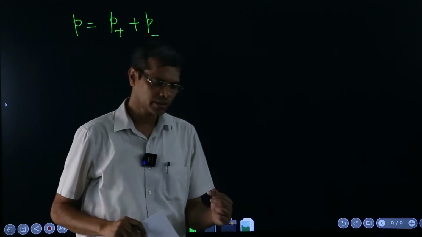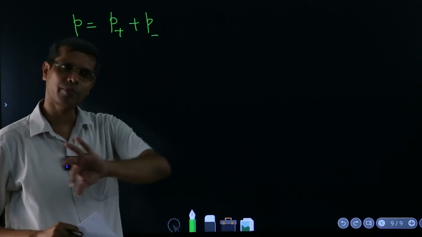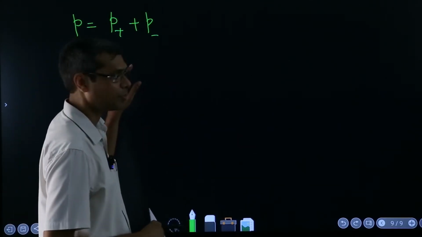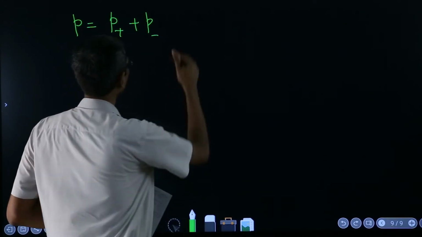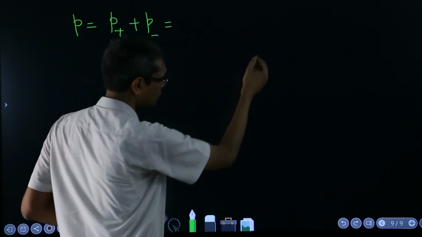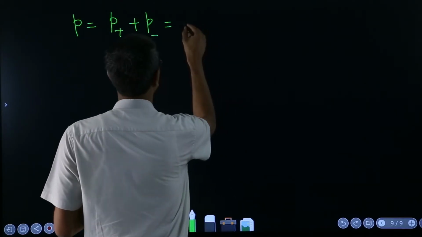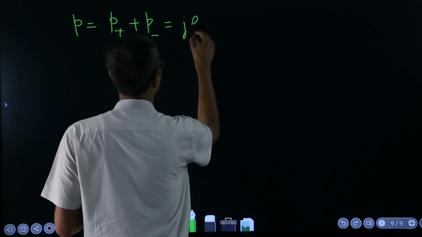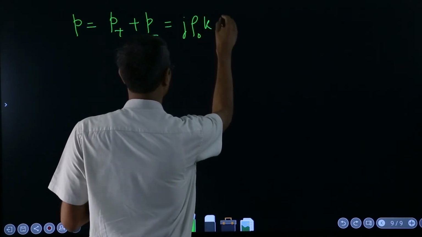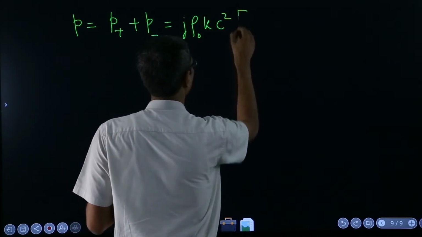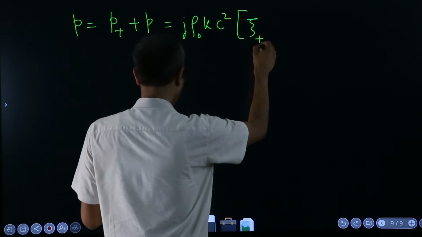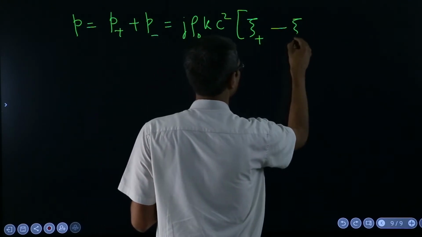Suppose there is a point where both forward moving and backward waves are present, then in terms of the xi's, they will come out to be j rho naught k c square times xi plus minus xi minus.